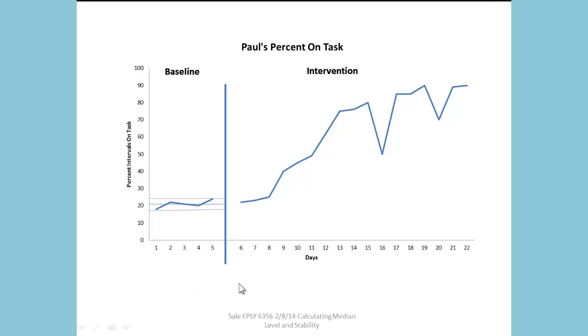I'm not going to make you draw the raw graph. I do want you to place the median line and the stability envelope on the graph, and you can do that by hand if you want, if that's easier for you, and then just take a picture of it and attach it to your quiz response, or you can send it to me by course email.